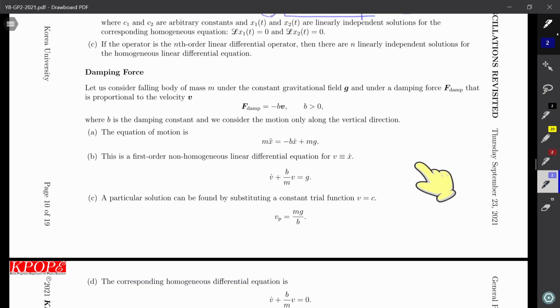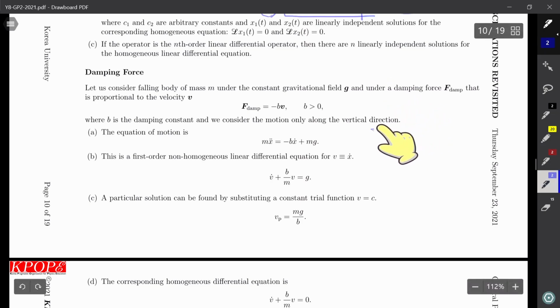First, F equals ma. Ma means m x double dot is the sum of forces. First of all, spring force minus kx and minus b x dot, this one is a damping force.